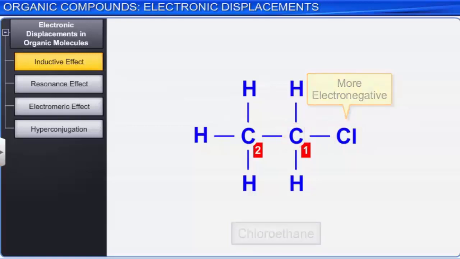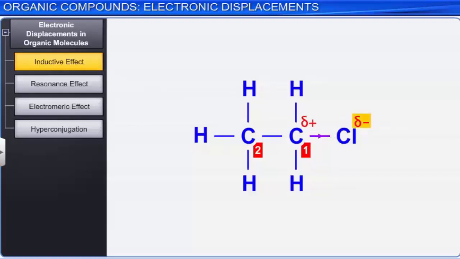Hence, the electron pair shared between carbon and chlorine is displaced towards the chlorine atom. Thus, a partial negative charge is acquired by chlorine and a partial positive charge is acquired by carbon. The partial positive charge on C1 draws some electron density towards itself from the adjacent carbon-carbon bond. This causes C2 to acquire a small positive charge.